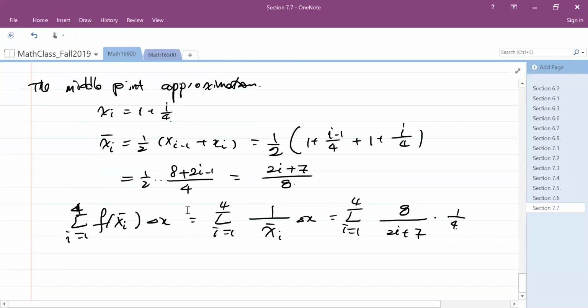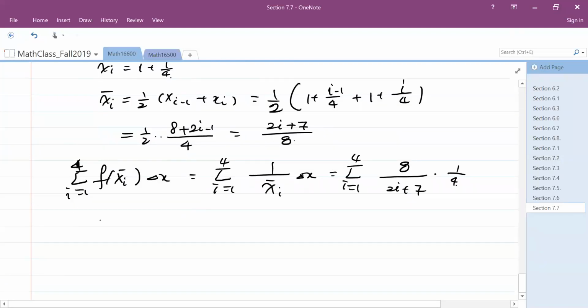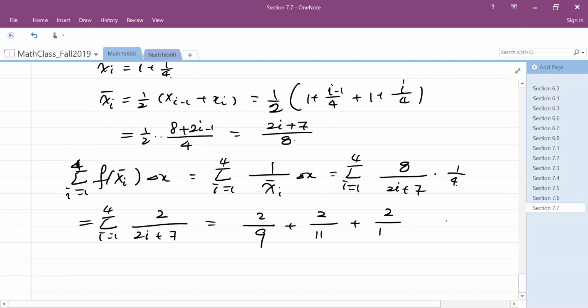So let's simplify a little bit. The numerator is 2i plus 7. Then let's write down all the terms: 2 over 9, 2 over 11, 2 over 13, 2 over 14.